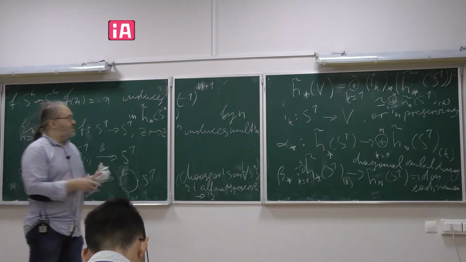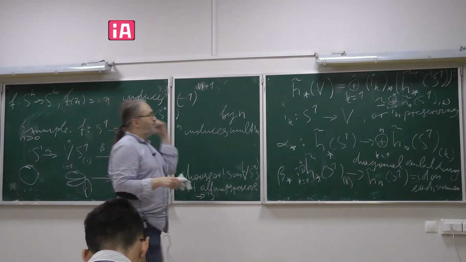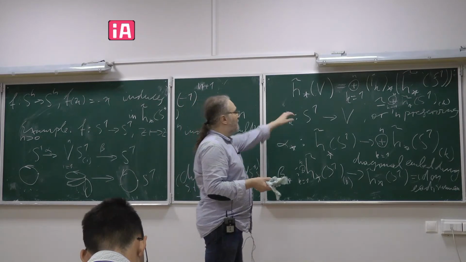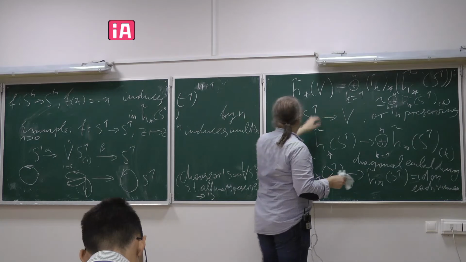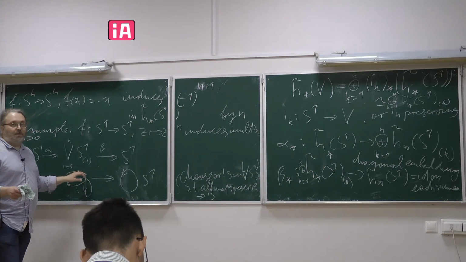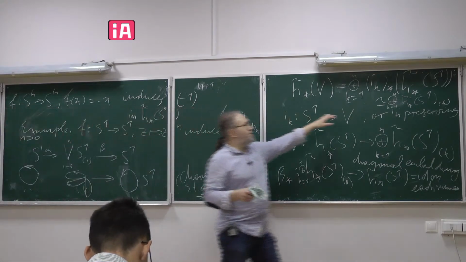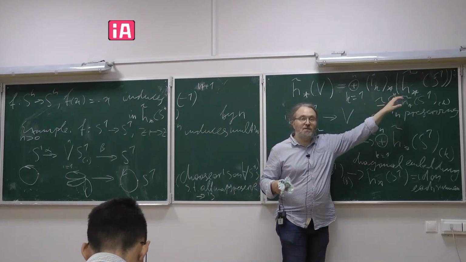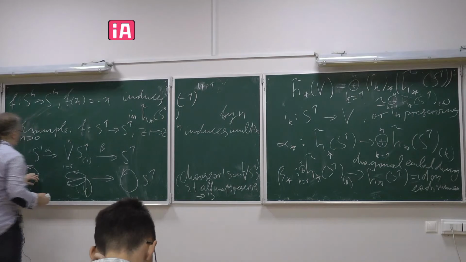Well, let's see what happens. It's a very good question. Let's see what happens when we apply first this map and then take the projection to one of the summands. What happens on the level of circles?